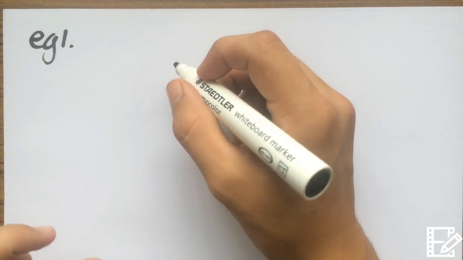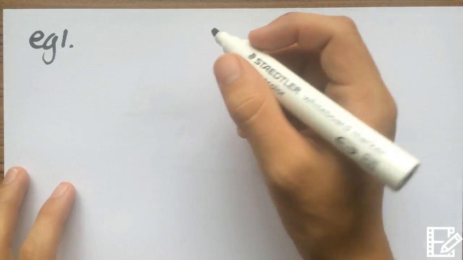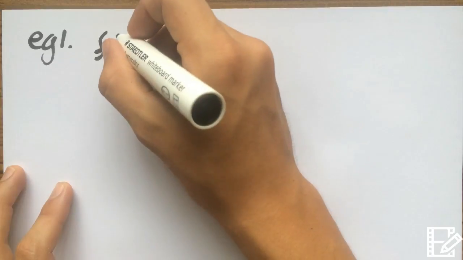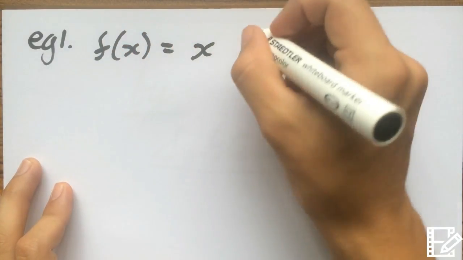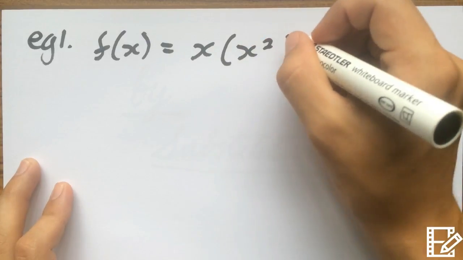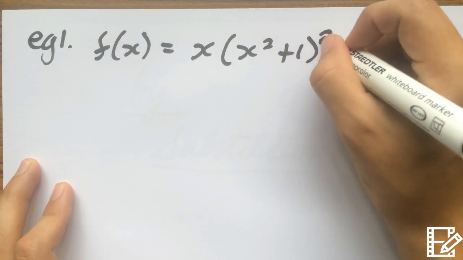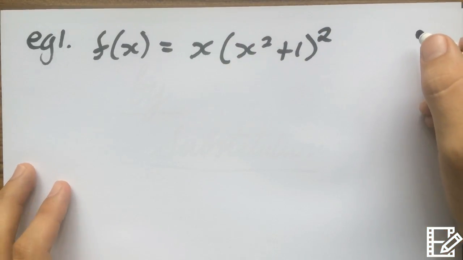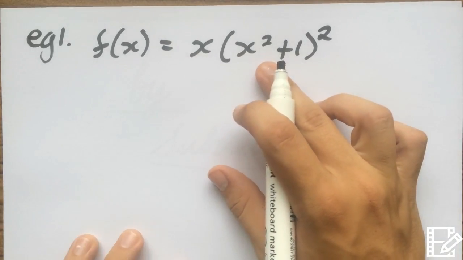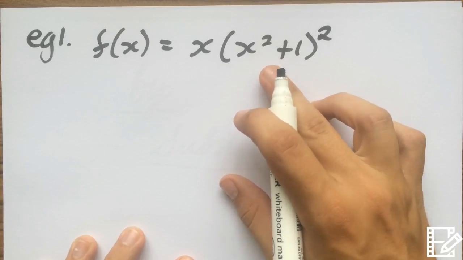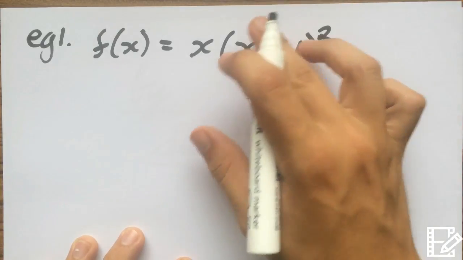So let's start with an example. We have the function x bracket x squared plus 1 to the power of 2. Okay, it's a function times a function. Is one of these functions within a function?